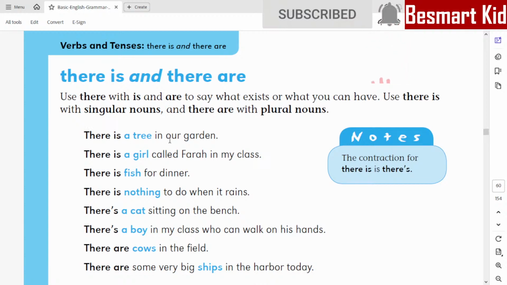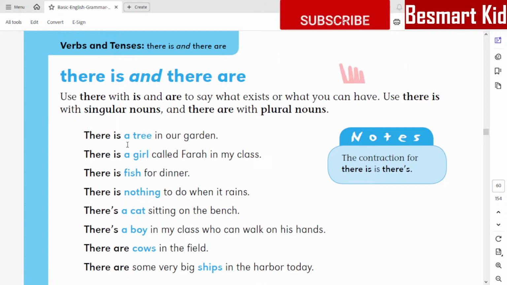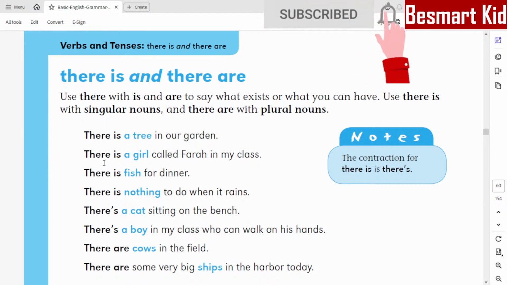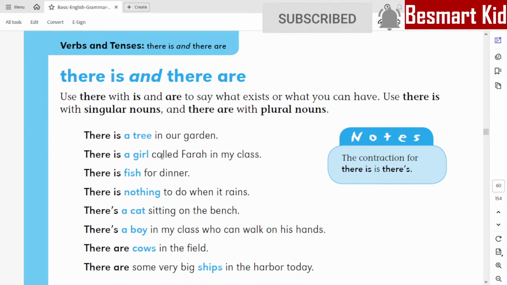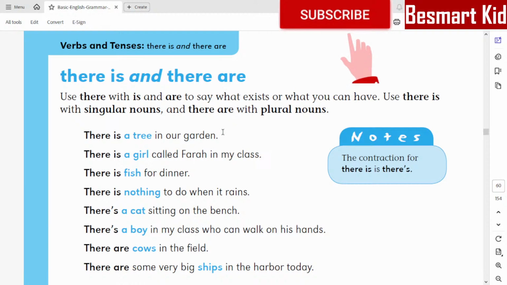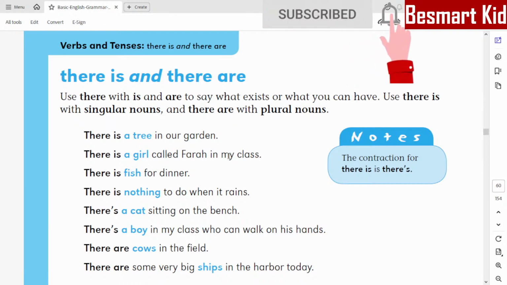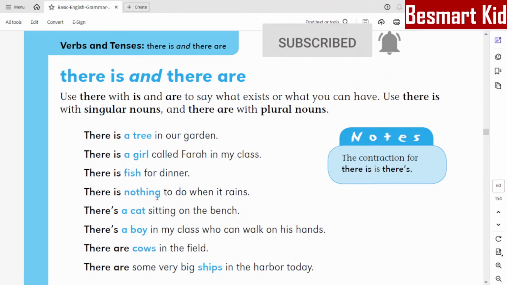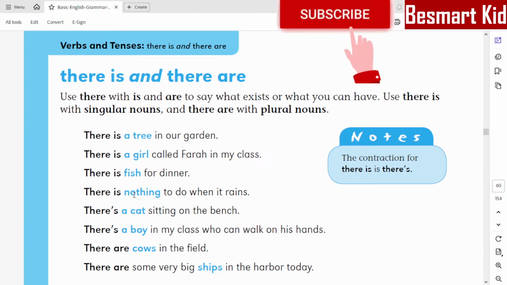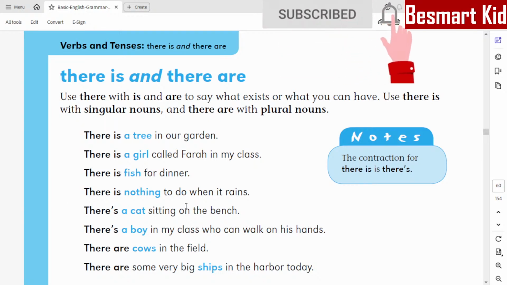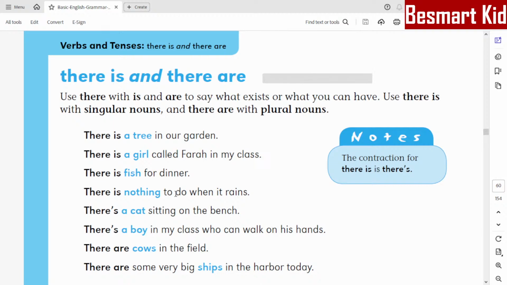There is a tree in our garden. There is a girl called Farah in my class. There is fish for dinner. There is nothing to do when it rains.